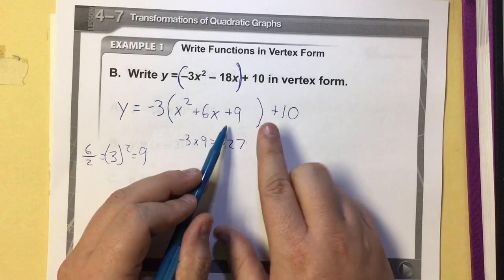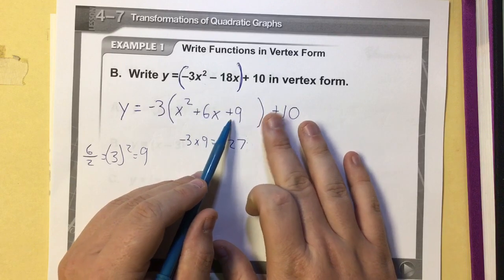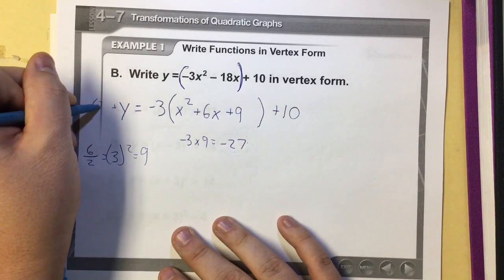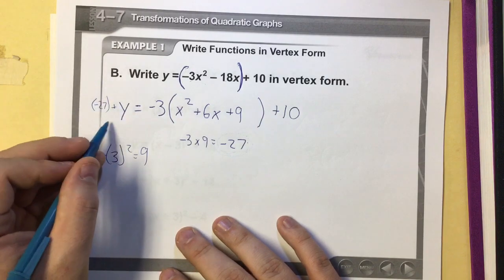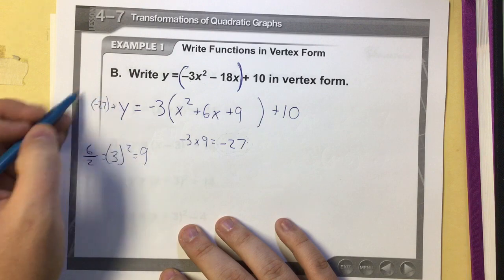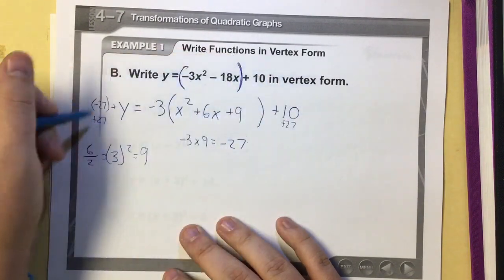That is what I've added to this side of the equation. If I add a -27 over here, I would have to again add a -27 to this side, but we want to get y all by itself. So to get rid of this -27, I'd add 27 here, add 27 here.